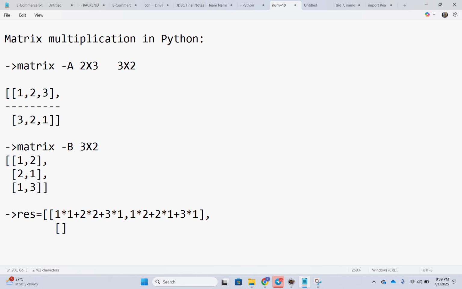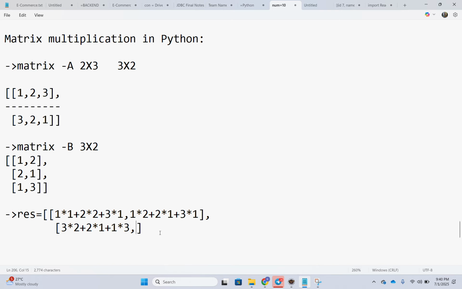I am writing here, so you will get good clarity. 3 into 2 plus 2 into 1 plus 1 into 3. So this is the second row, first element. Wait, I made a mistake.